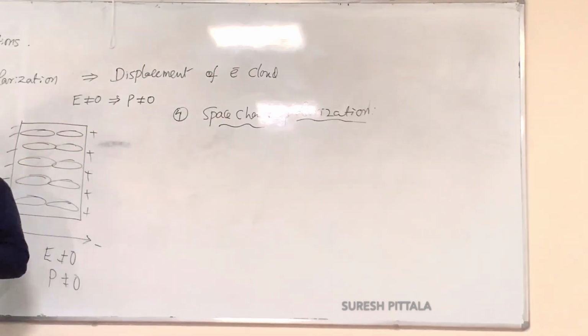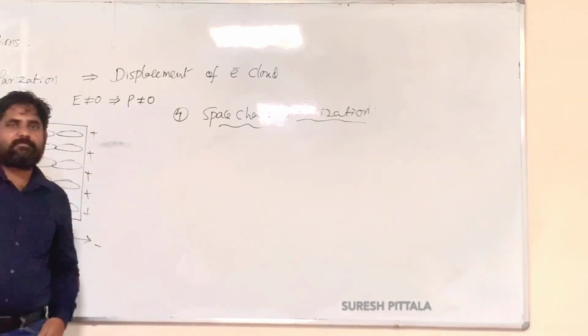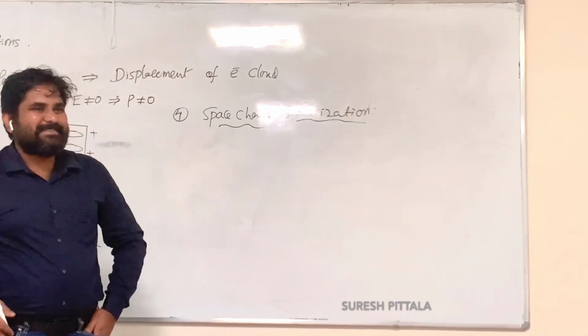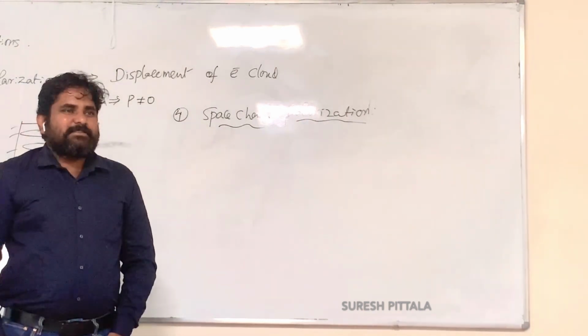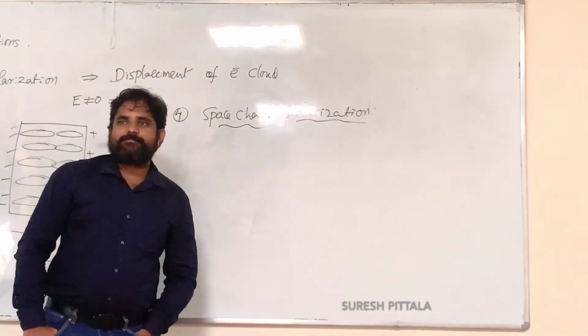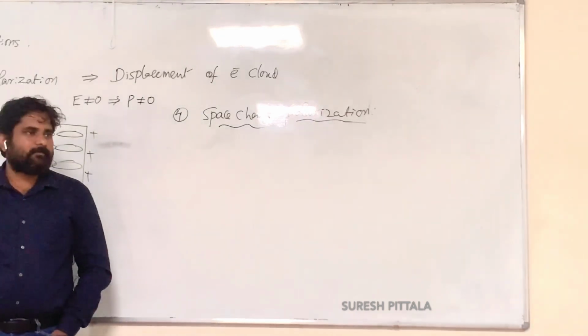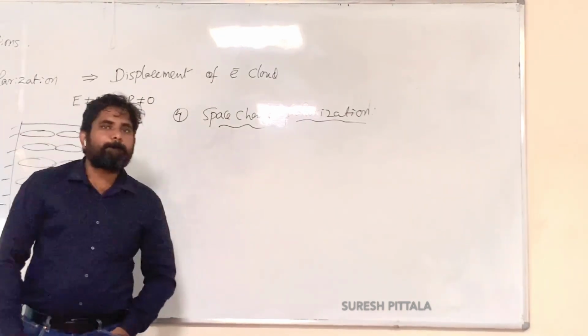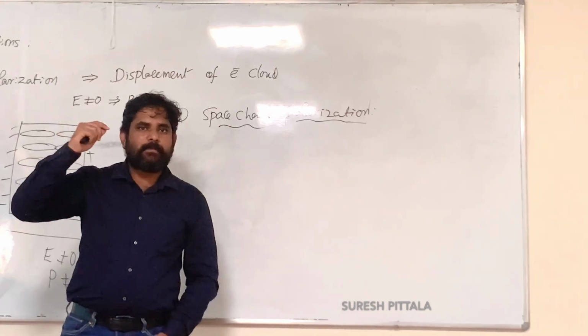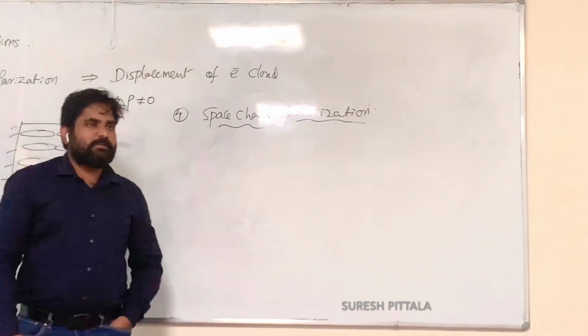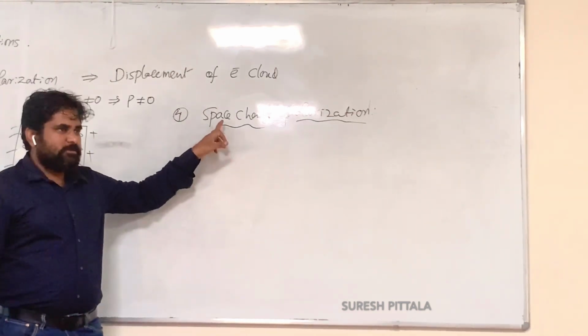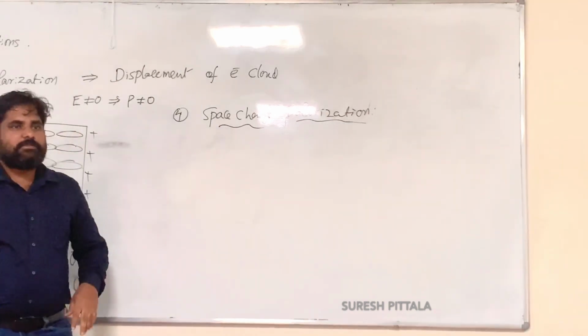Again, the name says it. Can someone tell what it is? Can you guess? Accumulation of charges. Yeah, accumulation of charges in space. Charges in space. It is called space charge.